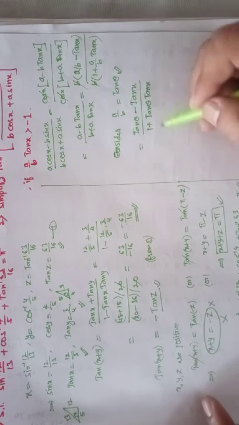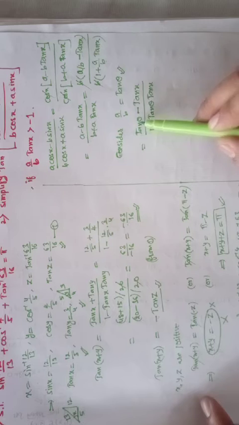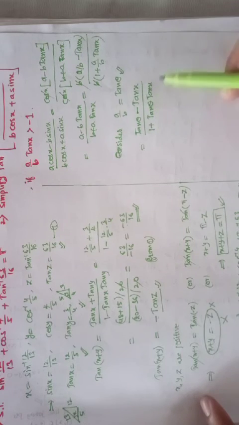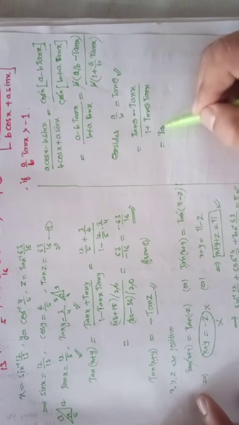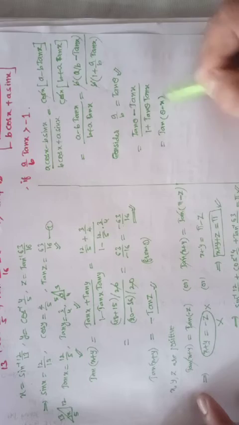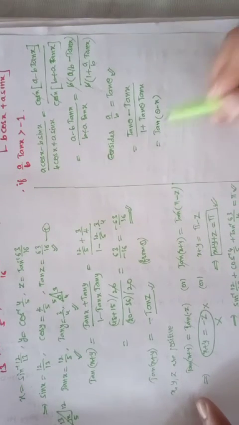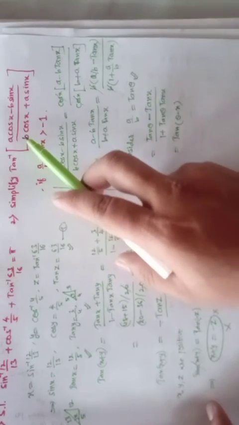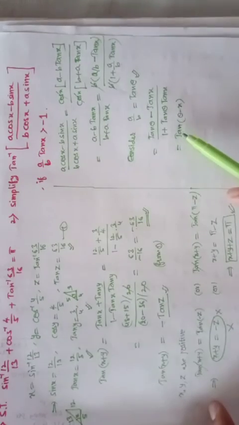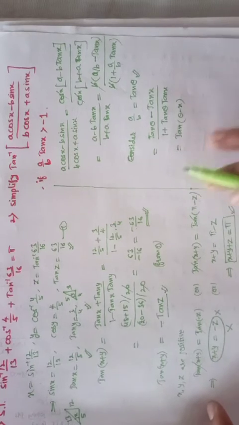So now it is in the form of tan x minus tan y by 1 plus tan x tan y. So it can be written as tan of theta minus x. This is the middle term you have taken, and you are getting it as tan of theta minus x.